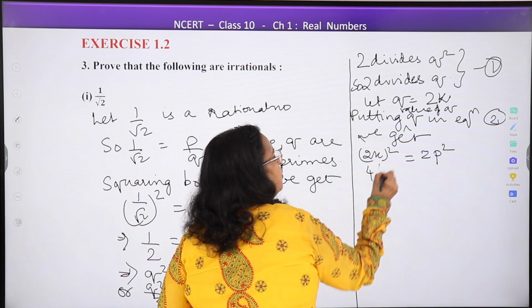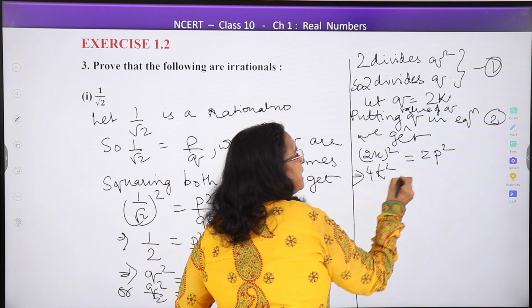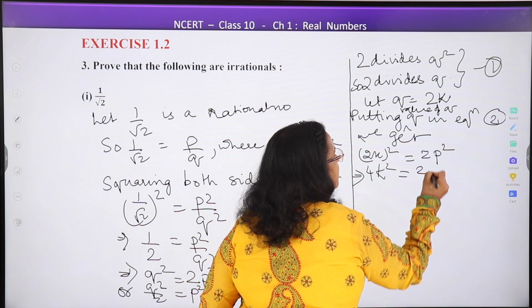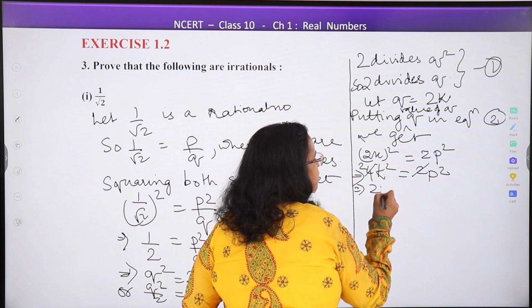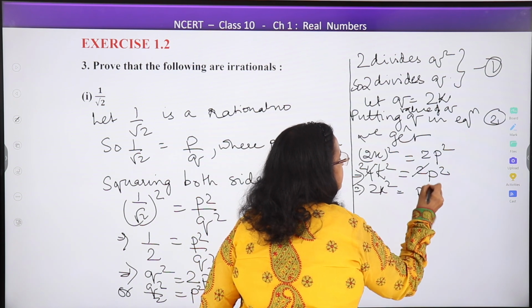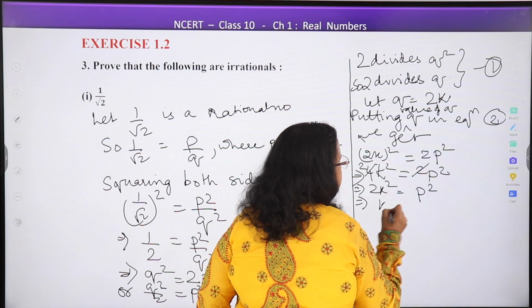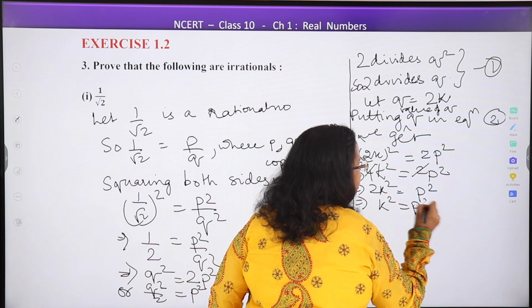That is 4K square. That implies 4K square is equal to 2P square. 2 cancels. That is equal to 2K square is equal to P square. That implies K square is equal to P square by 2.